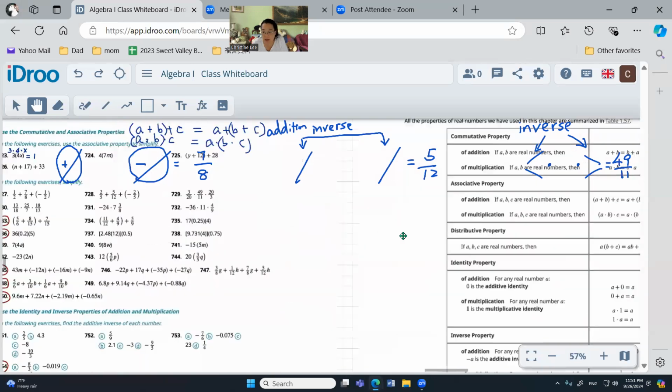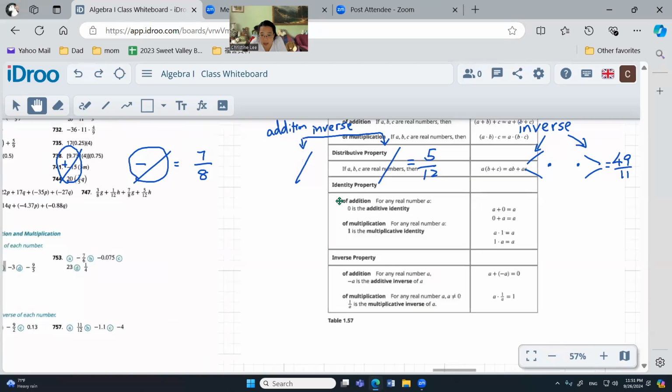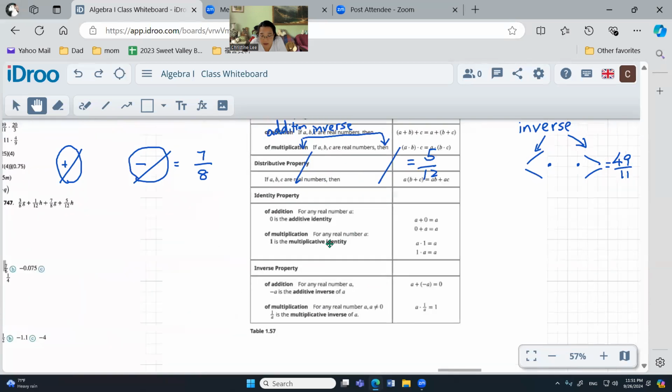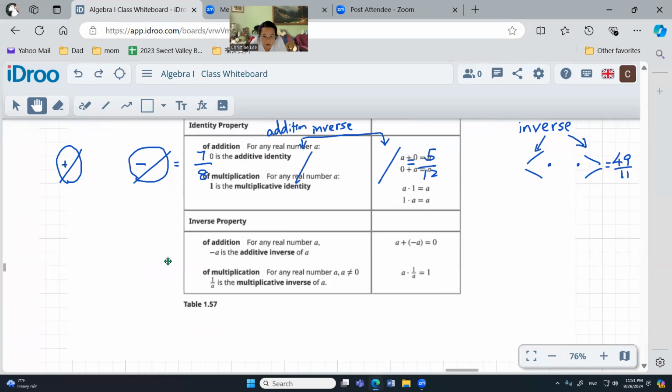Let's see how they call this thing. Identity property, inverse property of addition, additive inverse. Okay, additive inverse, multiplicative inverse.